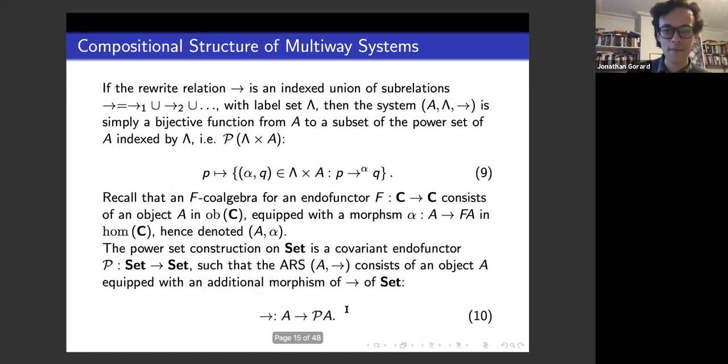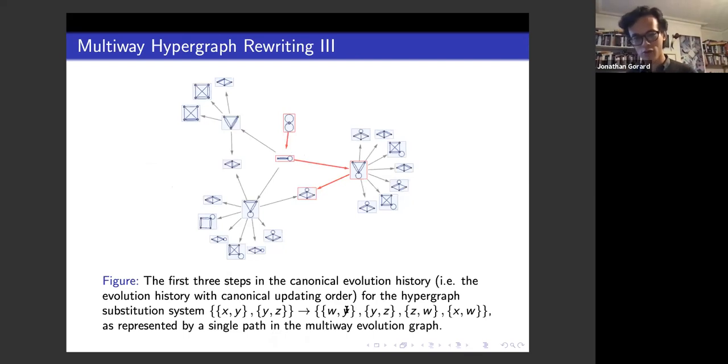The basic idea is that in one of these multi-way evolution graphs, there are two ways that you can compose rewrite sequences. You can compose them sequentially or you can compose them in parallel. And that fact gives you a natural monoidal structure on the associated category.